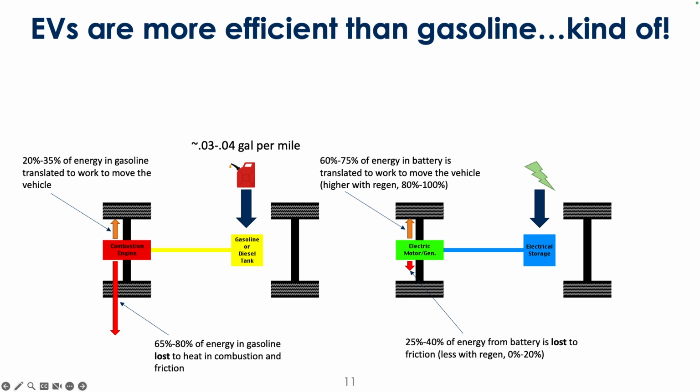This is 100%, but you can't actually get 100%. So when we think about the efficiency of just the drivetrain, it's going to be quite a bit more efficient. This is on the order of 0.35 kilowatt hours per mile on average, whereas in the same units for gasoline, that would be more like 1 kilowatt hour per mile.